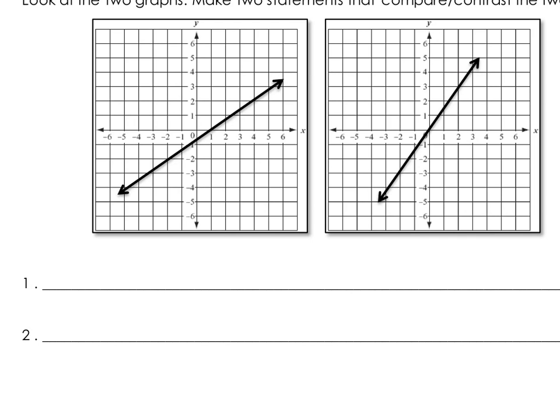I would say one area where they're both the same is that both have a positive slope. Remember, we have 4 kinds of slope: positive, negative, 0, undefined. Both of these graphs show me positive slope.